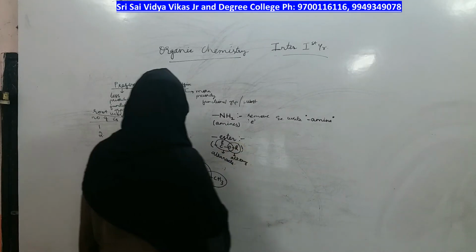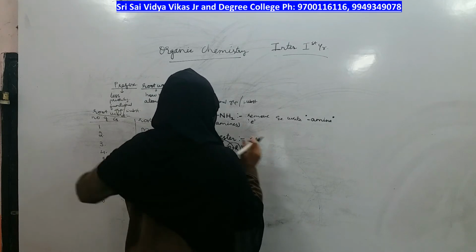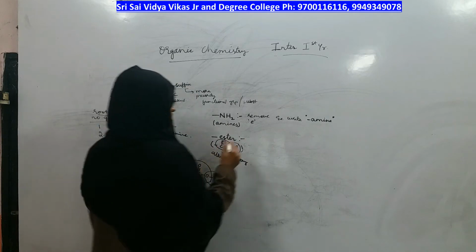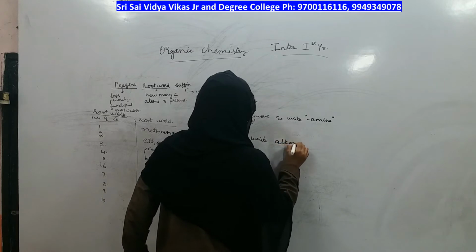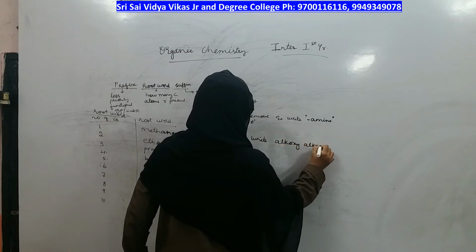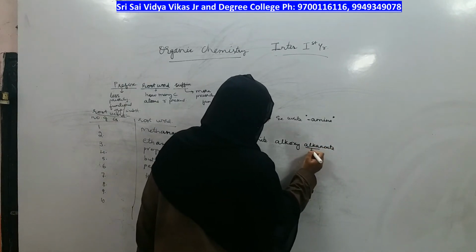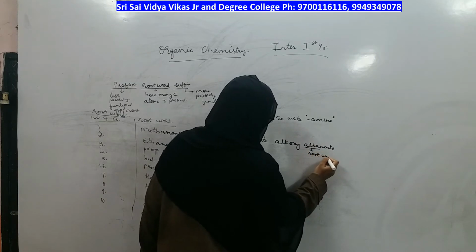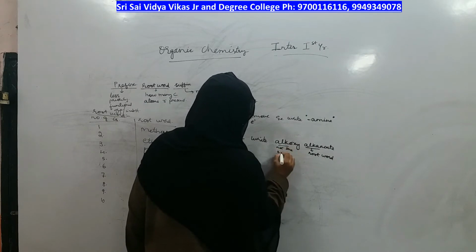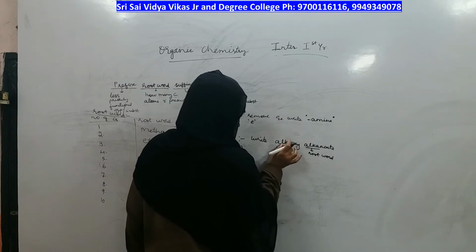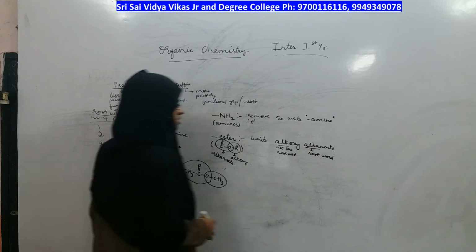Its name: no need to remove E, no need to remove anything, just write alkoxy alkanoate. This alk in alkanoate is the root word, not the alkoxy one, which is not meth, eth, prop, but.